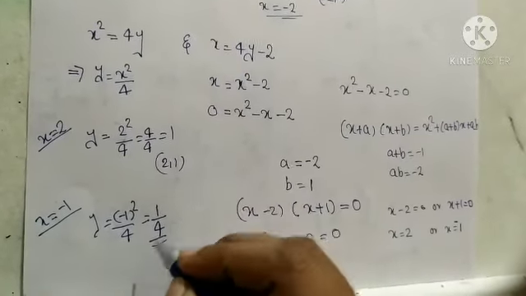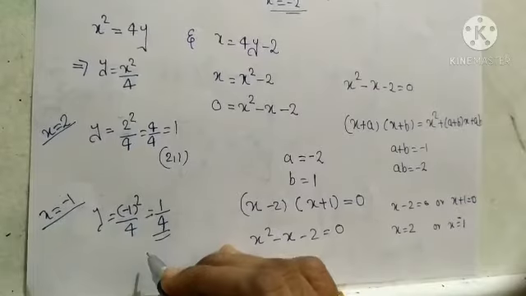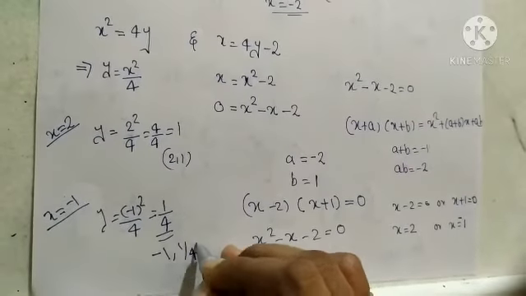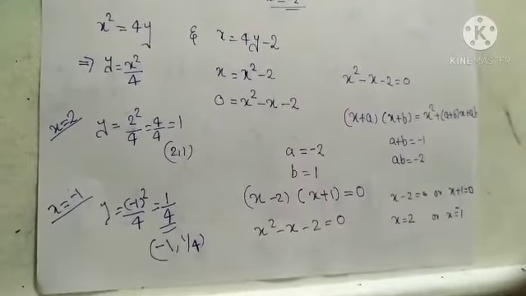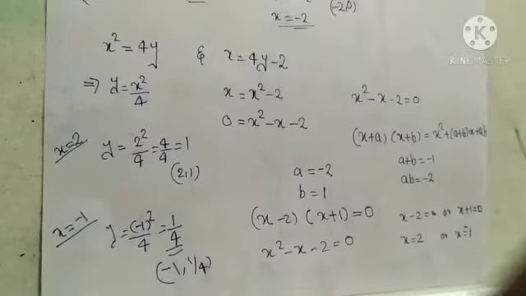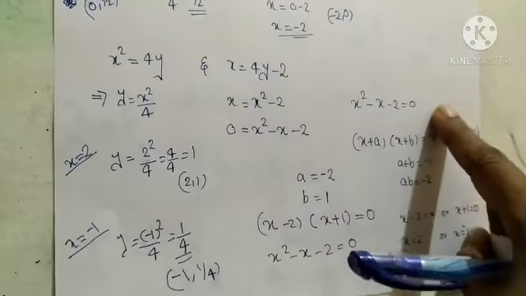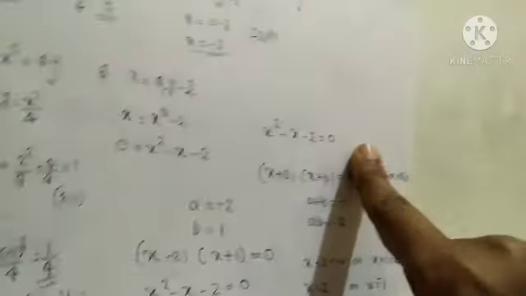So the next ordinate is minus 1 comma 1 by 4.